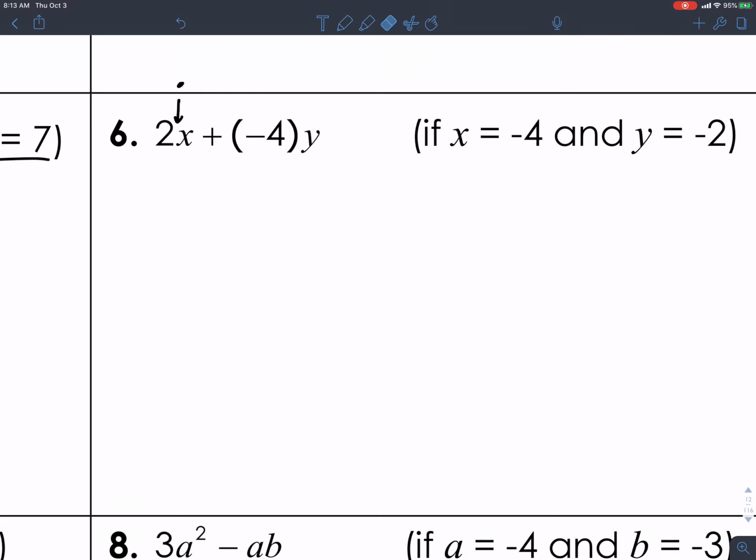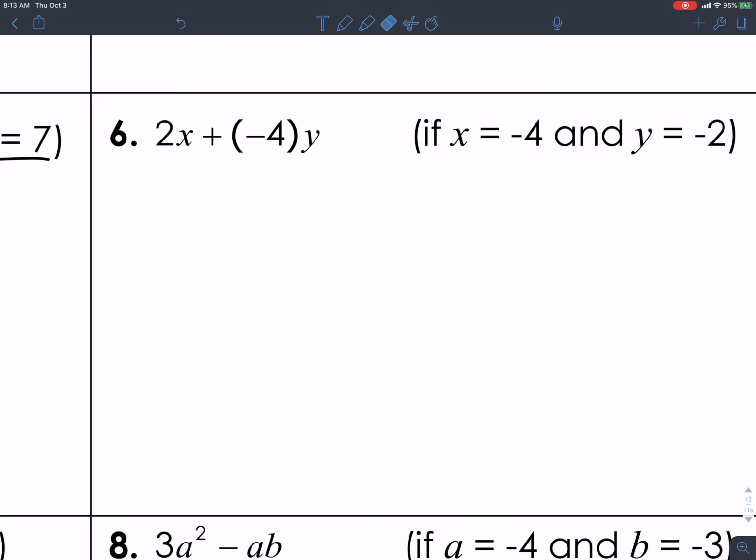But you've got to understand that's always multiplication. 2x plus -4 times y. That is what that means, -4 times y, because that variable is right next to the parentheses, so that means multiplication again. A lot of these always just mean multiplication. And remember, division always looks like a fraction, so that's the only two real things you've got to remember.